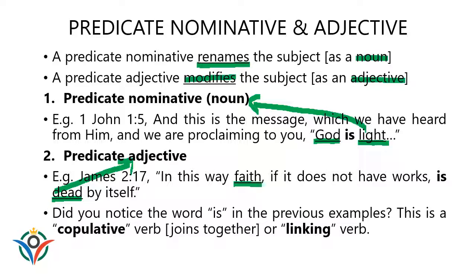And I've just added this last point here. Did you notice the word is in these previous examples? This is a copulative verb, meaning joins together, or a linking verb. So let's speak about the copulative or linking verb in more detail.